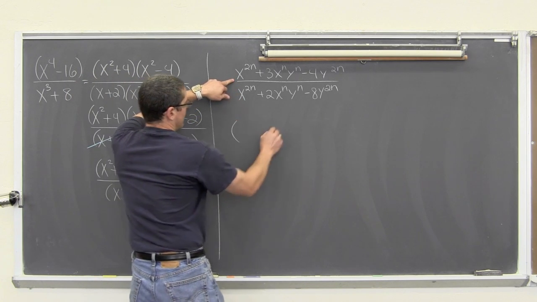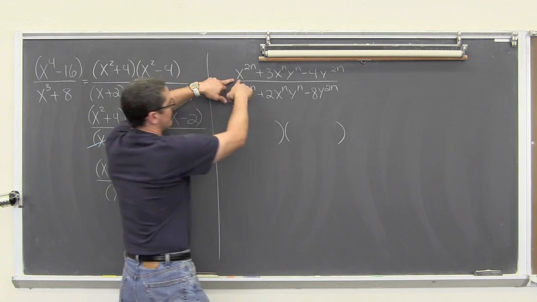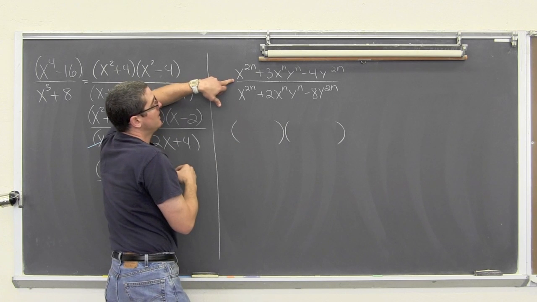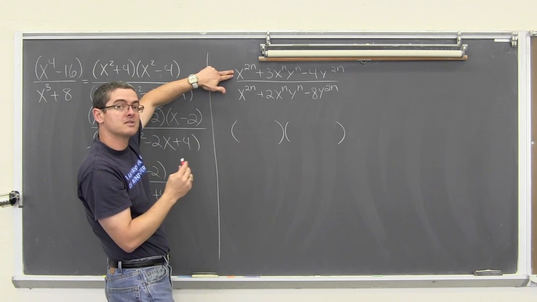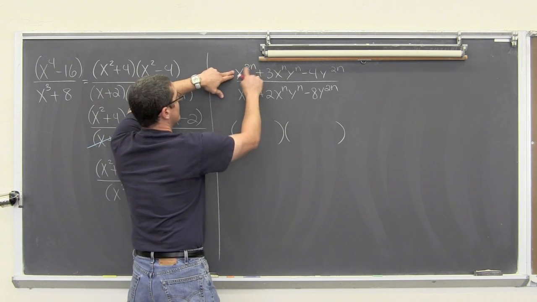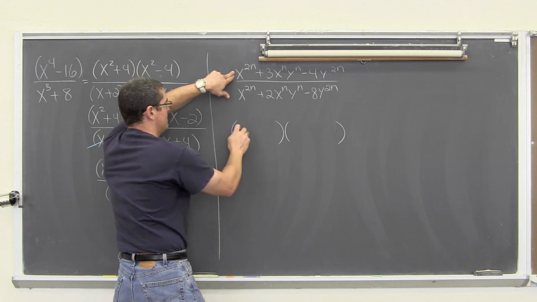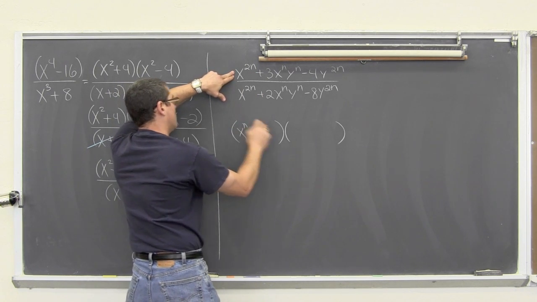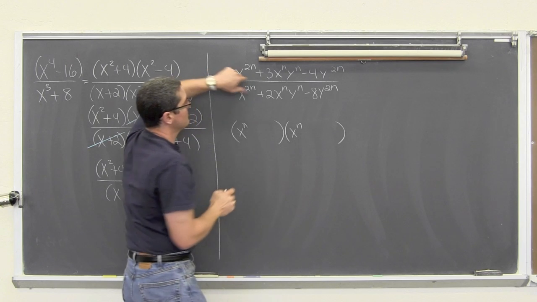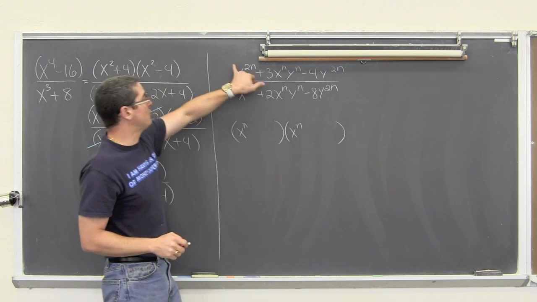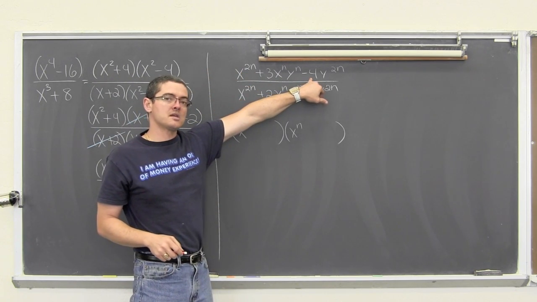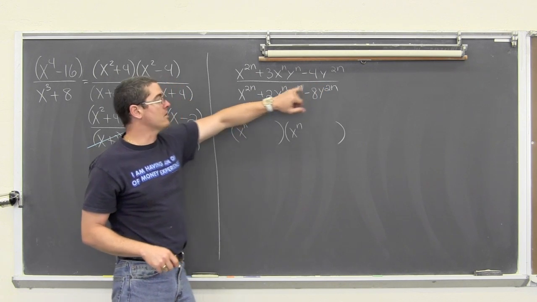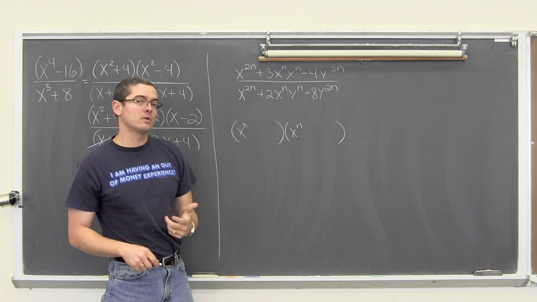We're going to have factors of our first term go in the first two blanks, and our leading coefficient is 1 at least, so that makes the problem a little bit easier. So the square root of x to the 2n power is x to the n power, and then x to the n power. Because our leading coefficient is 1, we just have to look at the number itself: factors of -4 that subtract to give you 3.